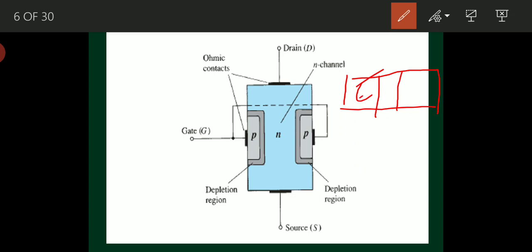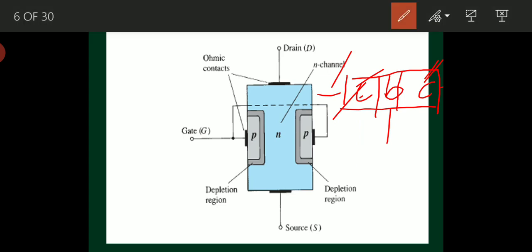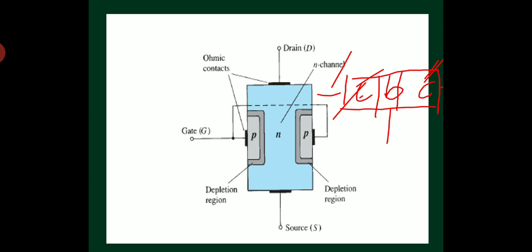These three are terminals. I cannot replace the emitter terminal with the collector terminal and the collector terminal with the emitter terminal. I can't replace it. Why?